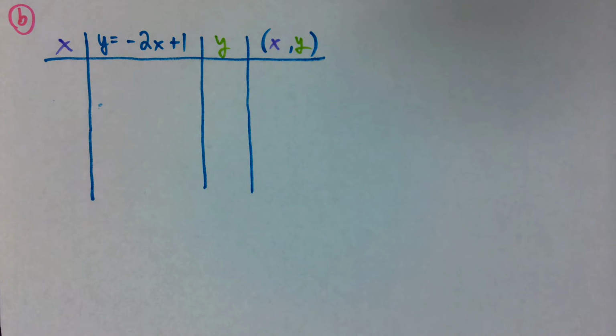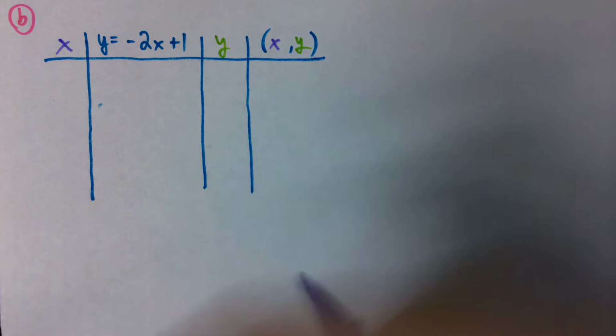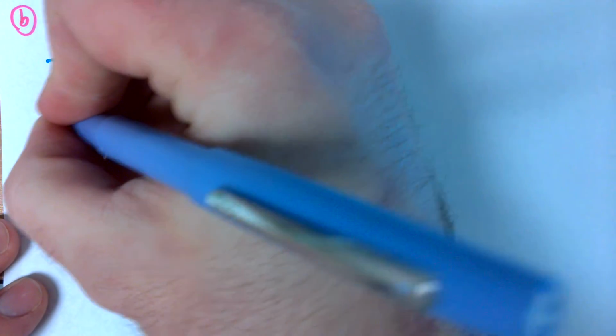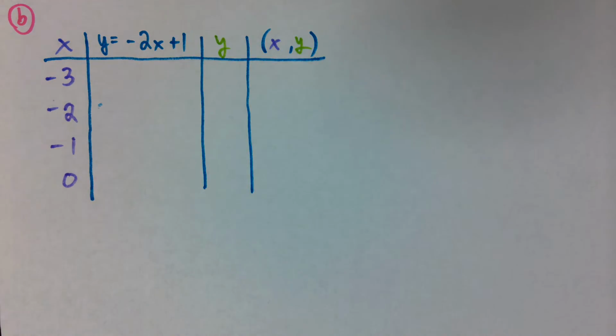We'll call this one example B. And for our x values, let's go ahead and do, what do you want to do? Let's go negative 3, negative 2, negative 1, and 0. We'll only do 4 for this one.